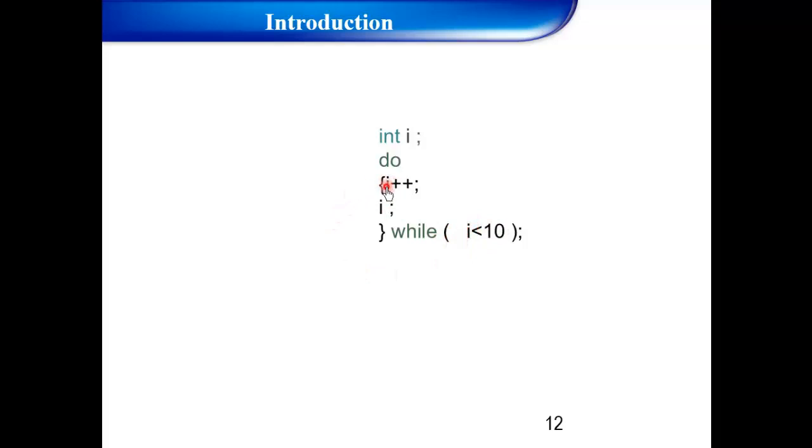Now i equal to 10, the condition is false. Now execute this line. Look at this: i equal to 1, 2, 3, 4, 5, 6, 7, 8, 9, 10.